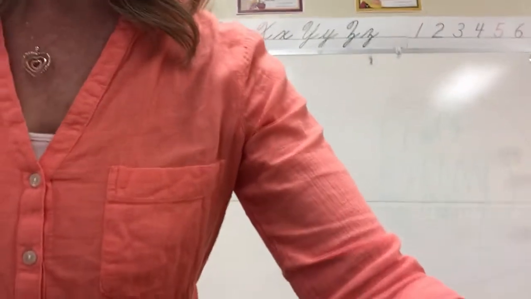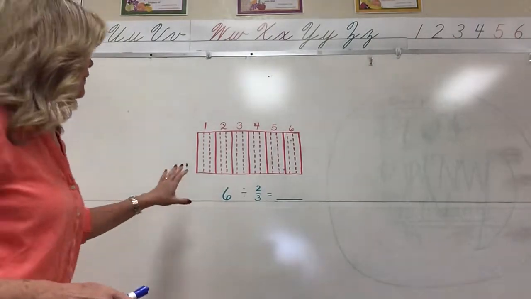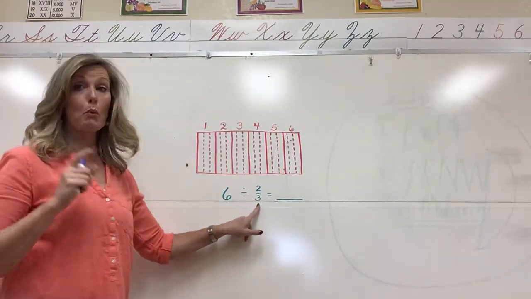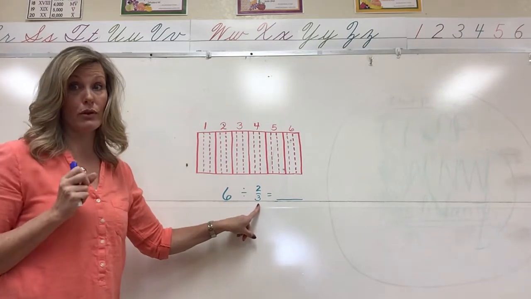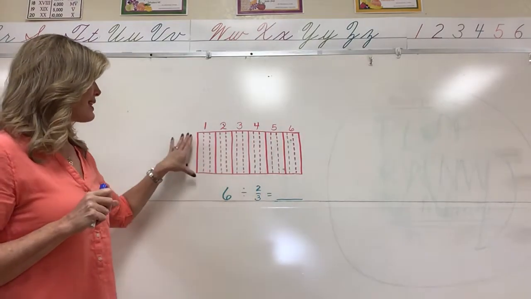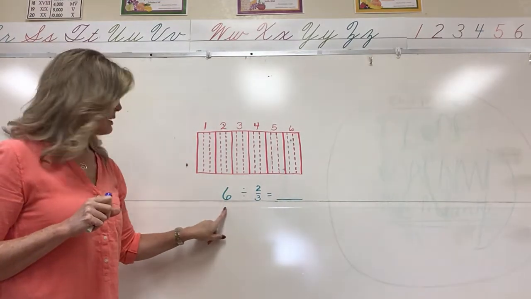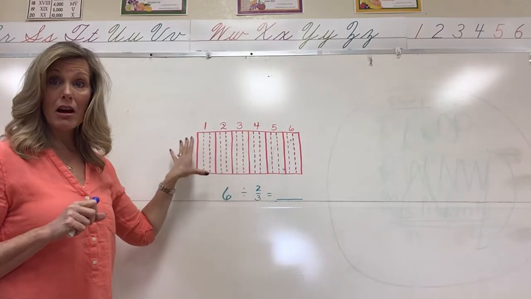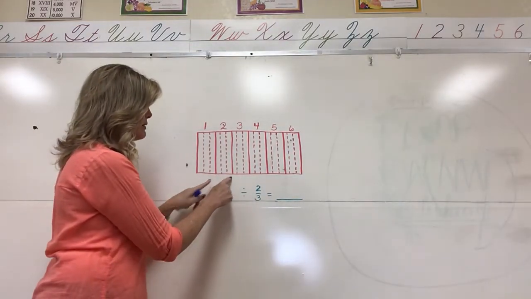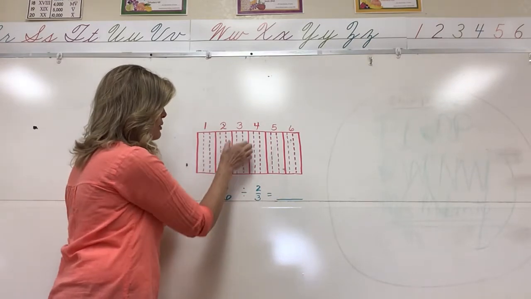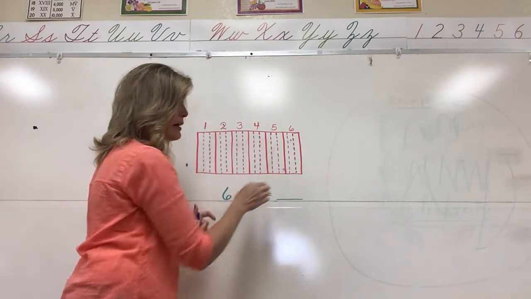See if I can get this one right. Okay, now this is a little bit different of a problem because I don't have 1/3, I have 2/3. Now I drew a picture where I have 6 as my whole number, but it's one solid object that I divided to show 6 parts. So here's 1, 2, 3, 4, 5, 6.